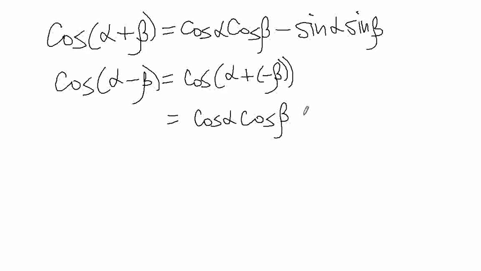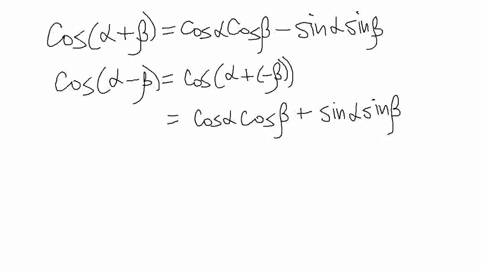Now that's not true with respect to the sine function. The sine of negative beta is actually minus the sine of beta, so that's going to end up changing that minus to a plus. Okay, and so there you have it. There's the difference identity for cosine.